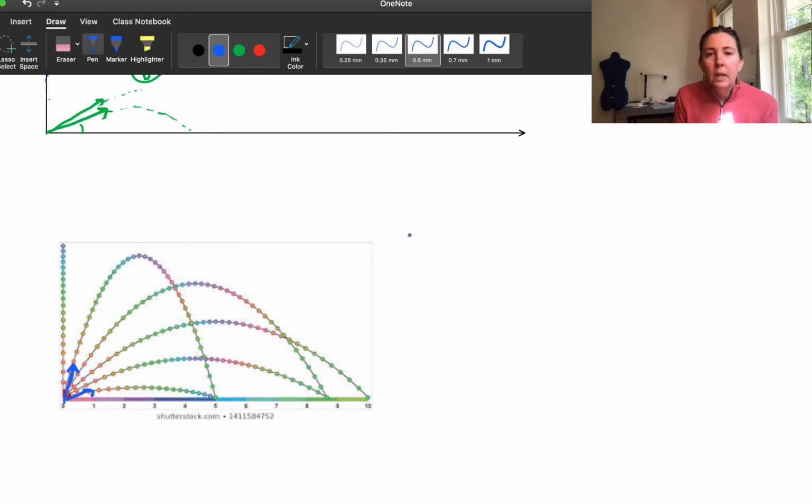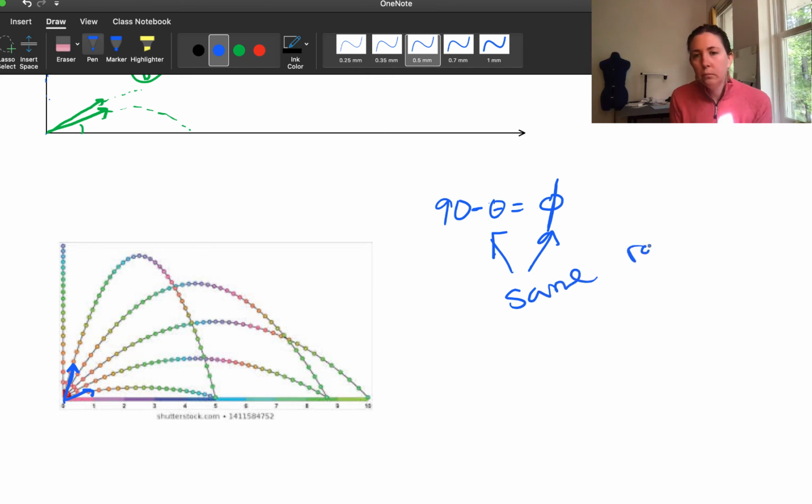Well, if you take 90 degrees minus the little angle, that gives you the second angle, and these two angles will give you the same range. As you increase the angle, that range will increase to an angle measure of 45 degrees, and then it'll decrease again.